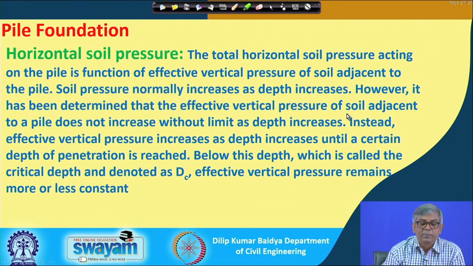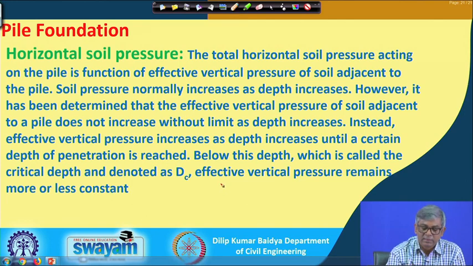And horizontal soil pressure, this is a very important one, as I already explained. You can see that, for the horizontal soil pressure, this is the pile. Once again I will do it here. At this point, suppose I want the horizontal pressure: the vertical pressure is 0, so the horizontal pressure is also 0.